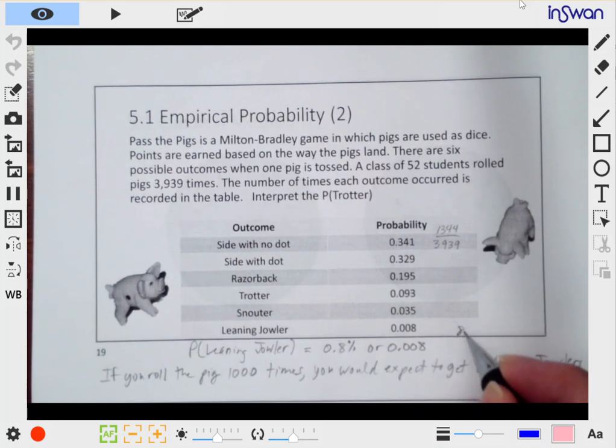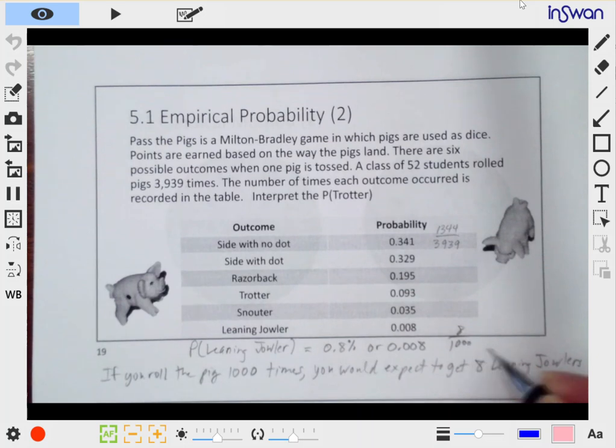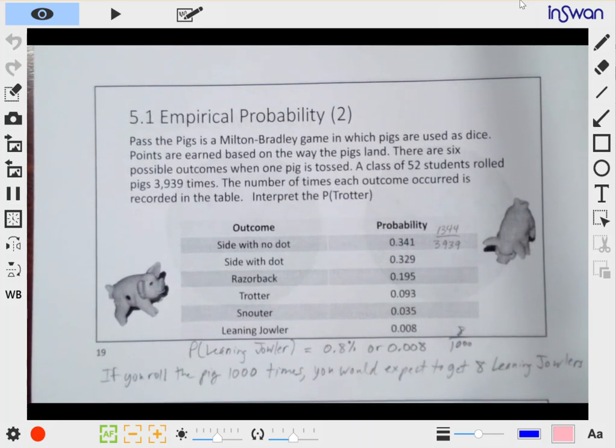Because remember, this is the ratio 8 out of 1,000. So for every 1,000 rolls, you're expecting to get 8 leaning jowlers. All right, so that's how we can interpret this probability.